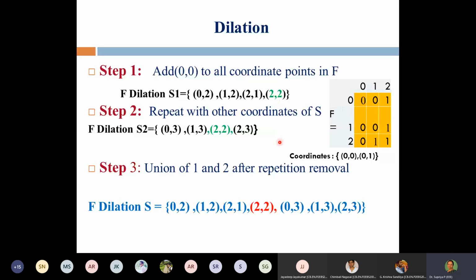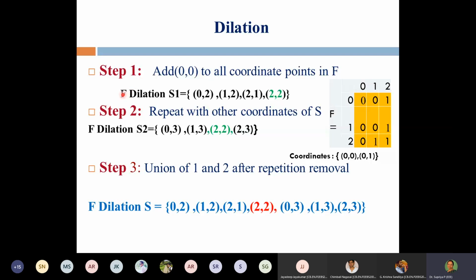We will keep on repeating until all the coordinates are considered or the entire structuring element is covered. We have considered a simple structuring element which is a 2 column 1 row structuring element. So we have only 2 coordinates. As a result, this process will have only 2 steps. Let us go on to see the 2 steps more in detail.